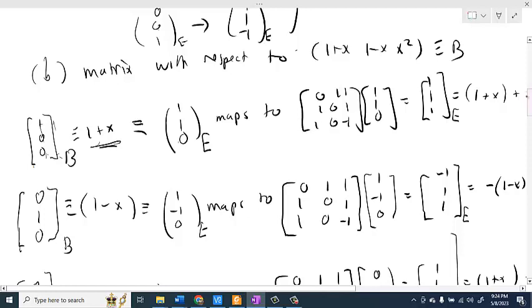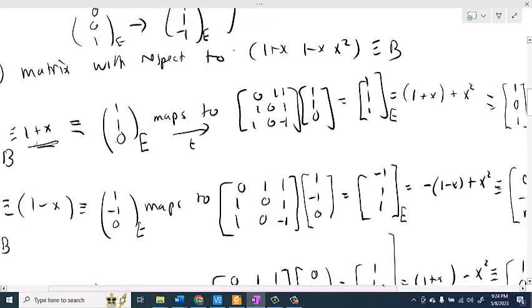Now, what does T map this to? We can just multiply by the matrix I found in the E basis, and I get this. And so this is in the E basis now. Let me write that as a polynomial. I can write it as 1 plus x squared, and if I write this in the B basis, this is 1, 0, 1 in the B basis. You can see up here, it's 1 plus 0 plus 1. In this simple case, you can just see that by inspection.